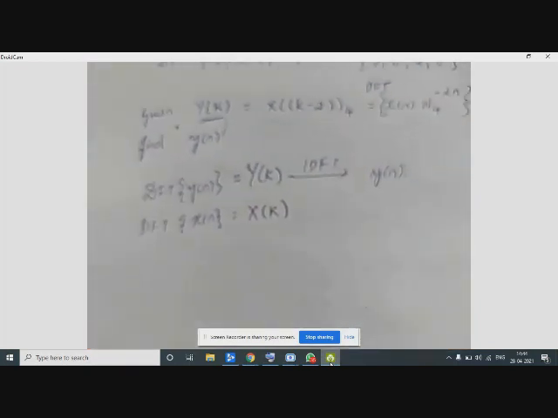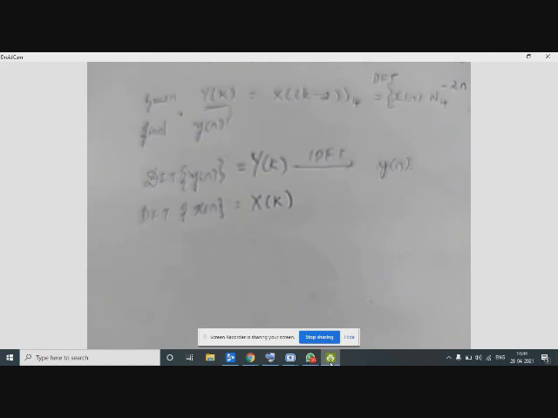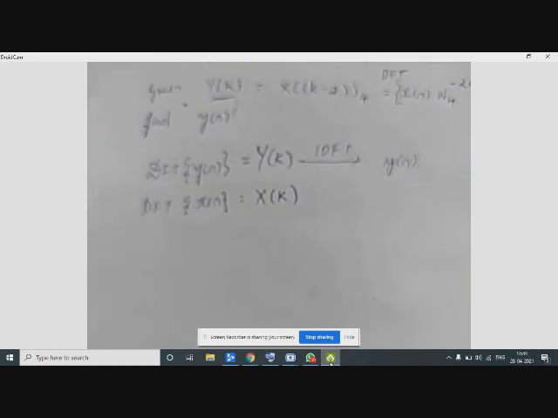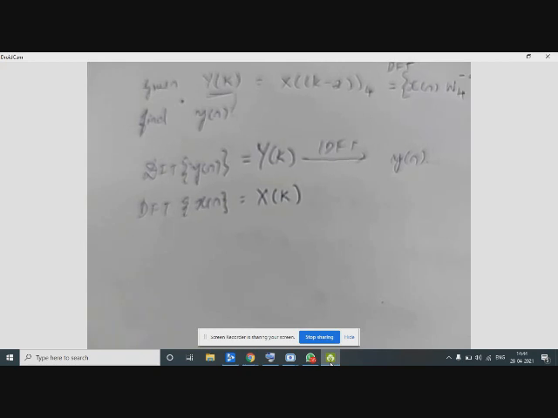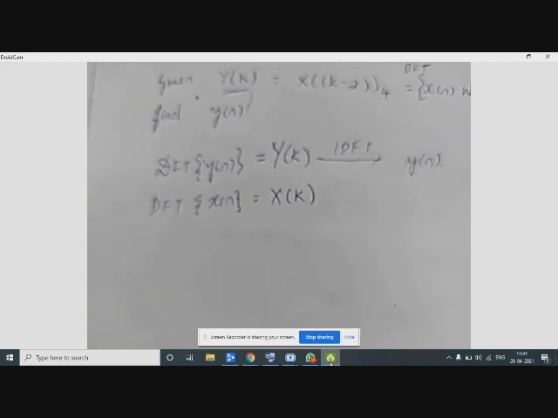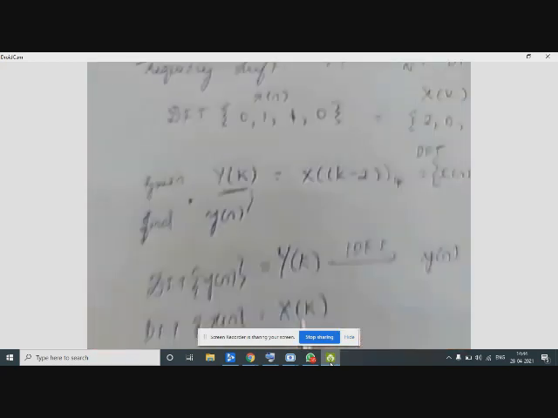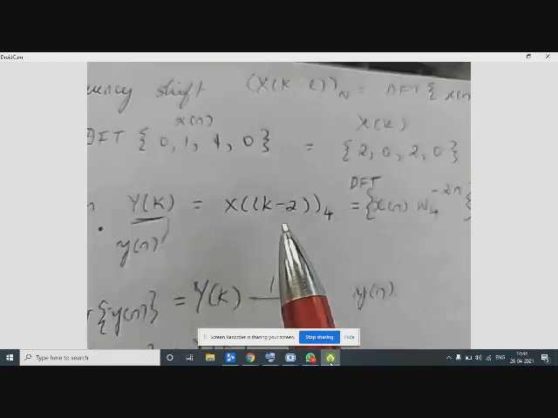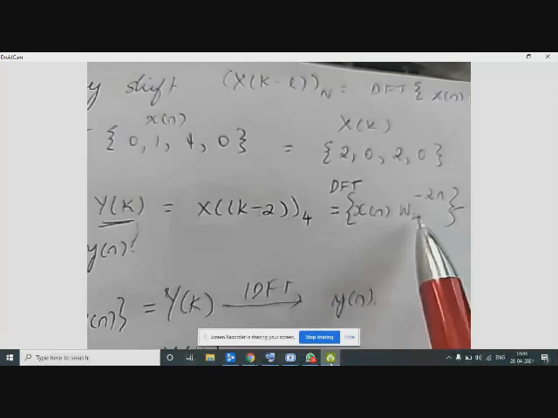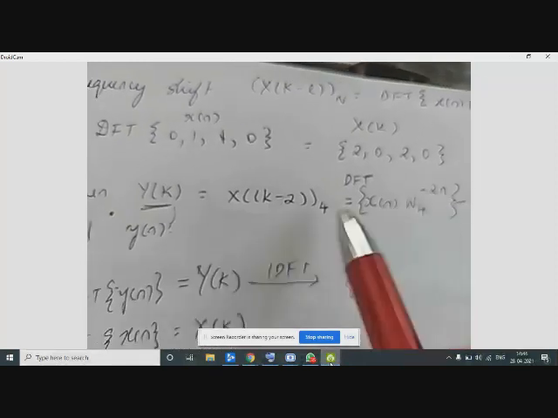But are you going to find the IDFT here using a matrix? What is the point of having the property then? You are not going to use the IDFT equation. Instead, you are going to use this property: x of k minus 2 corresponds to x of n W4 power minus 2 into n.